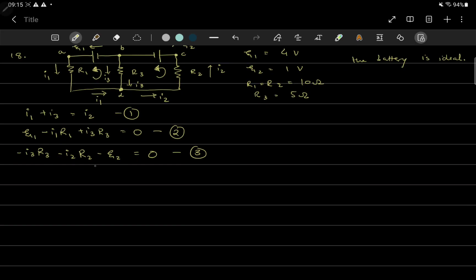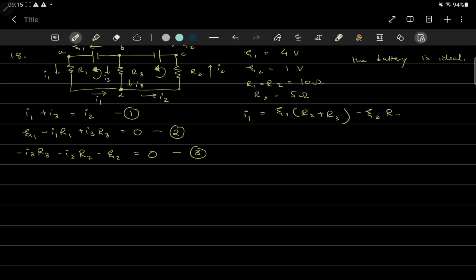From here, find out expressions for I1, I3 and I2, and then plug them into your equation 1, which will give you an expression for I1, which is going to be zeta 1 times (R2 plus R3). I'm just going to write this directly. If you don't understand the algebra, just let me know.